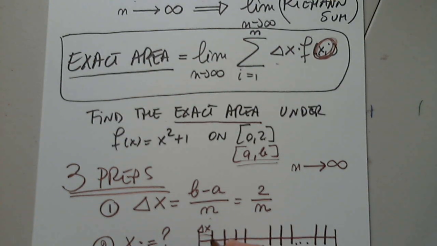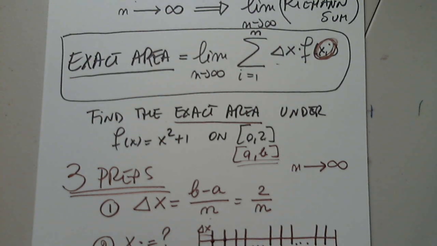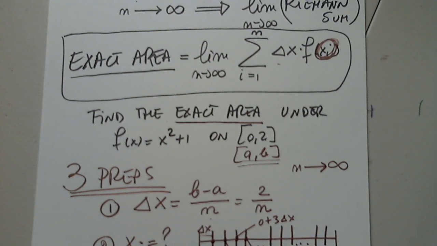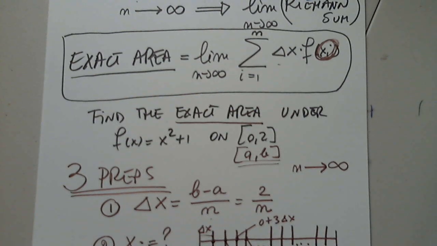The first point is 0 plus delta x. The second point is 0 plus twice delta x. The next one is 0 plus 3 delta x. The next one is 0 plus 4 delta x. And so on and so forth, till I get to the last one.